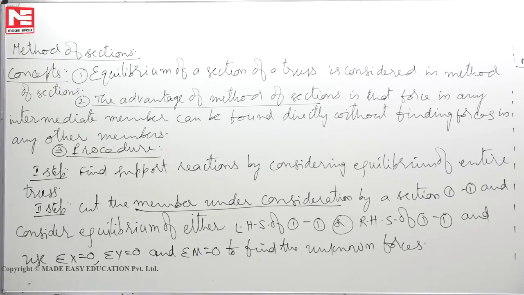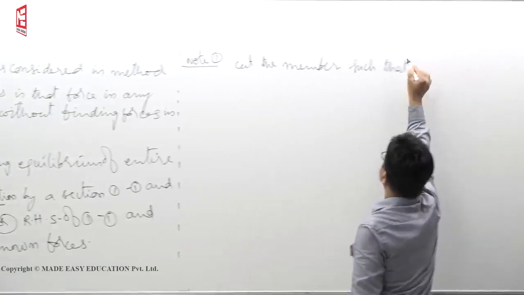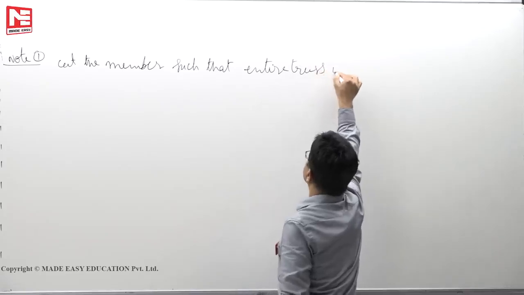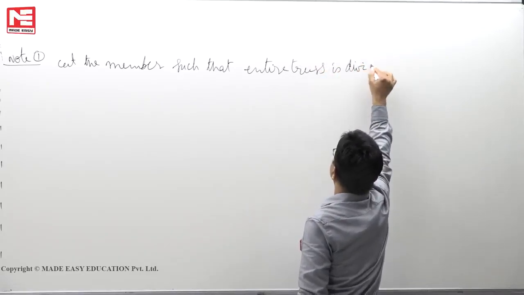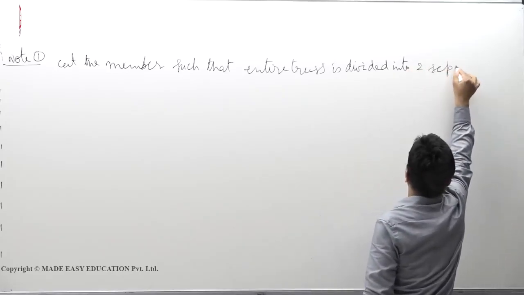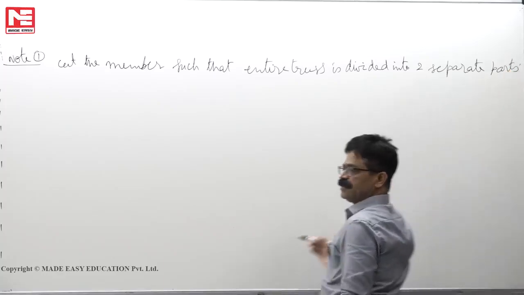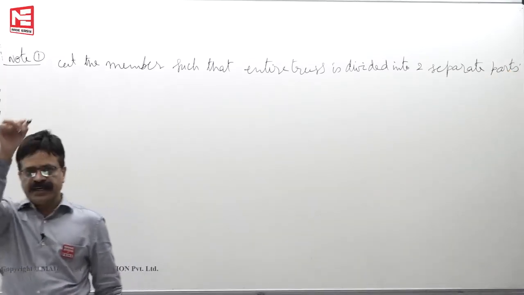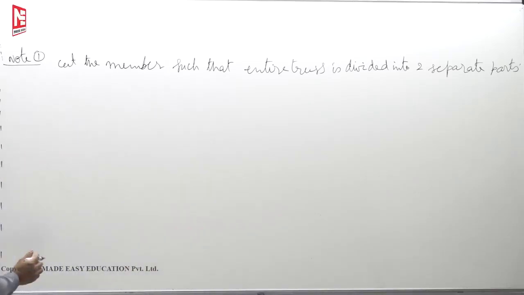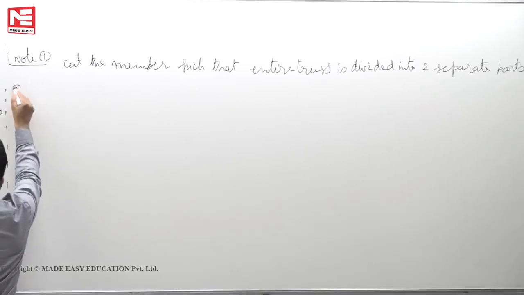Cut the member such that the entire truss is divided into 2 separate parts. Any member you are asked to find, you cut such that the truss is split into two parts. Then one part you can throw away, another part you can consider for the equilibrium.